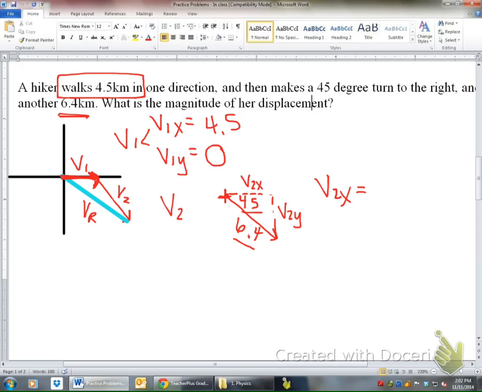So we're going to say cosine of 45 equals our adjacent side, which is v sub 2x, over our hypotenuse, which is 6.4. So then we just take 6.4 times cosine 45 and we get that value.